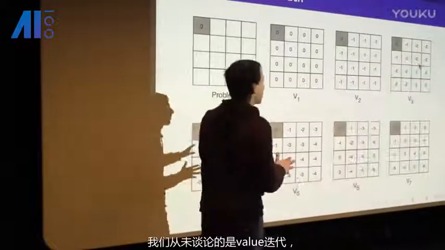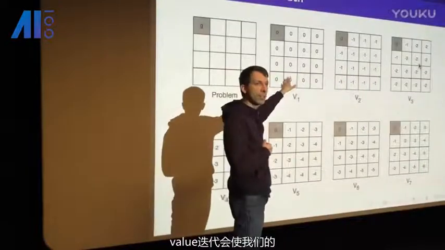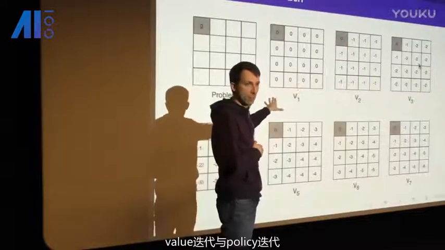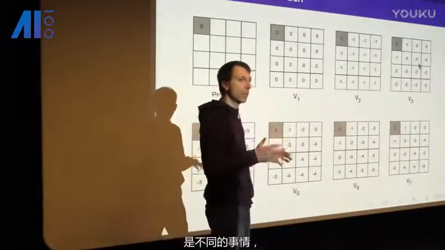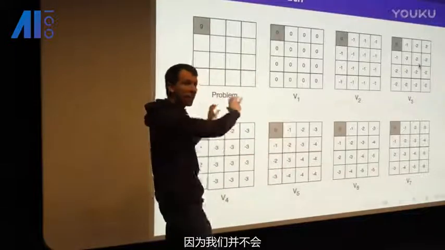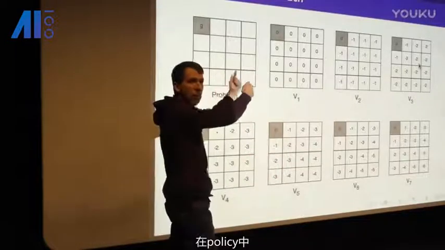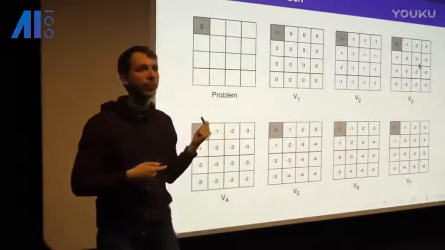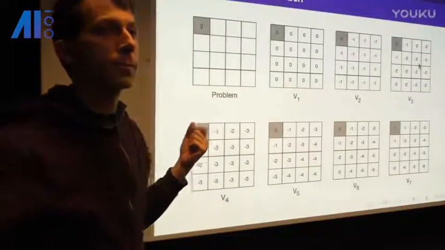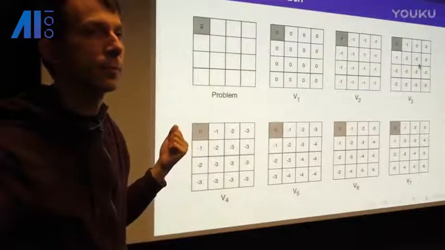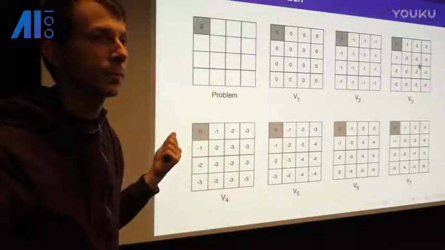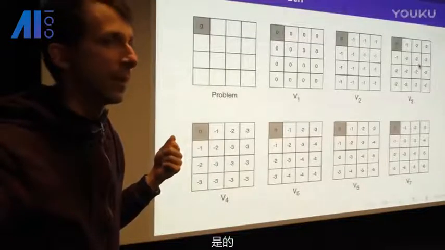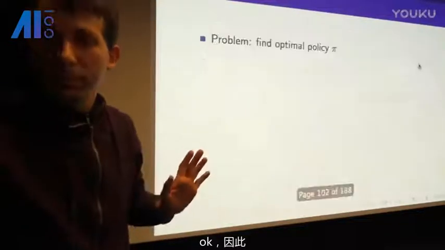We never said that the iterations of value iteration were strictly going up in value. Value iteration and policy iteration are doing different things, because here we're not constructing real value functions for real policies. In the previous example with policy iteration, we changed the policy so that the value function increased. Yes.